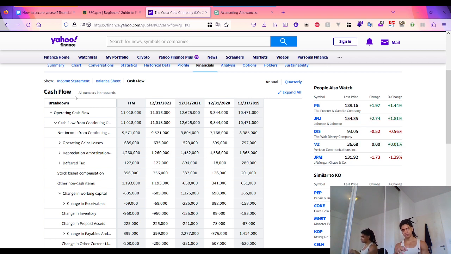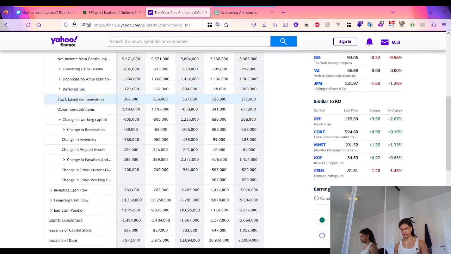Typically, this statement is divided into three parts, and each part reviews the cash flow from one of these three activities: operating, investing, and financing.